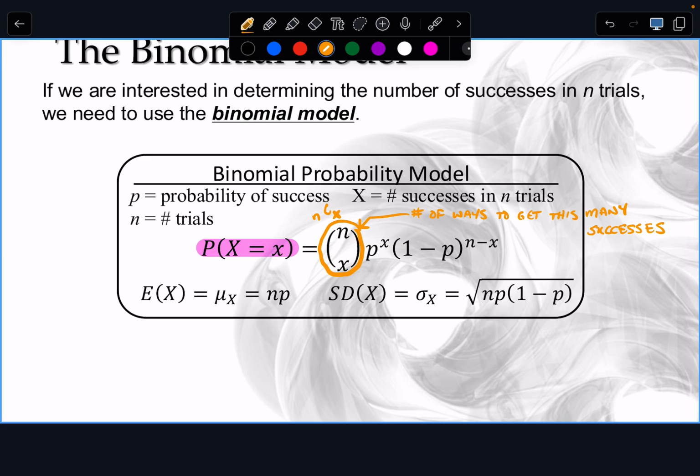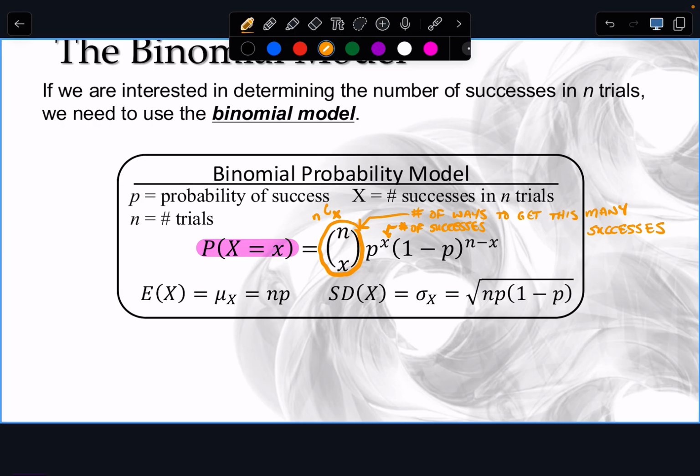But if I look at that first part, knowing that that's the number of ways to get that many successes, and I know it's a button I can use in the calculator, the rest of the formula is taking the probability of success raised to the number of successes. So I'm just taking the probability that I succeed, raised to the number of times I want to succeed.